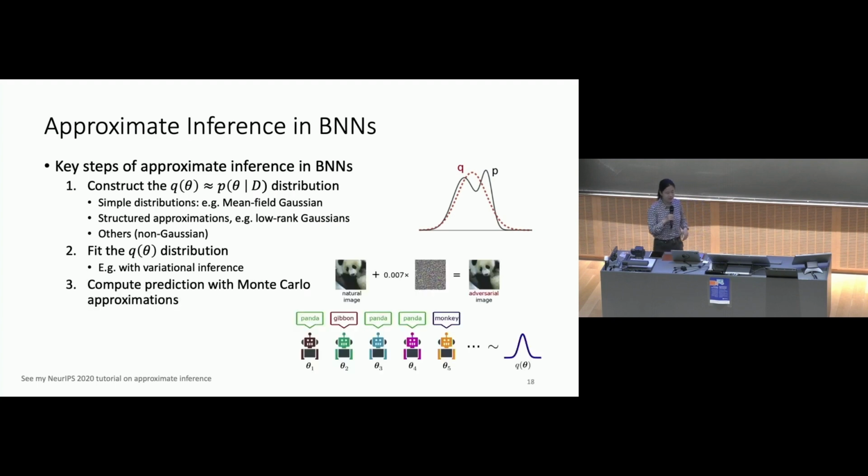Assuming you have got the Q distribution from this fitting procedure, then at test time, as we discussed, sample a bunch of experts from your Q distribution and use them to form an ensemble for prediction. These are the 3 key steps.